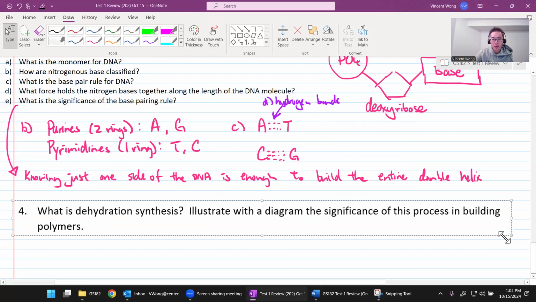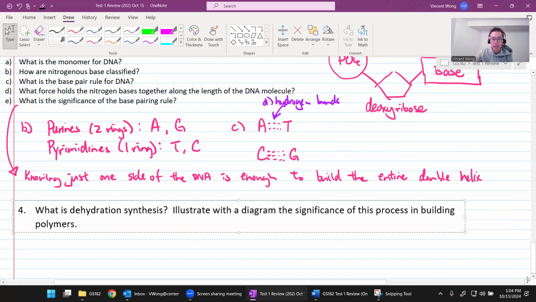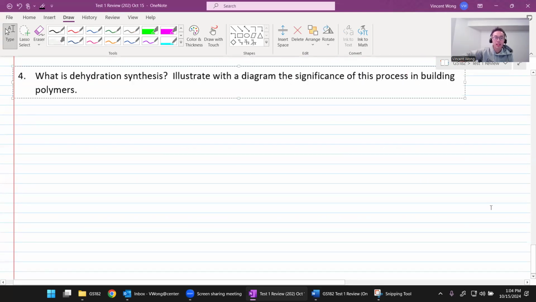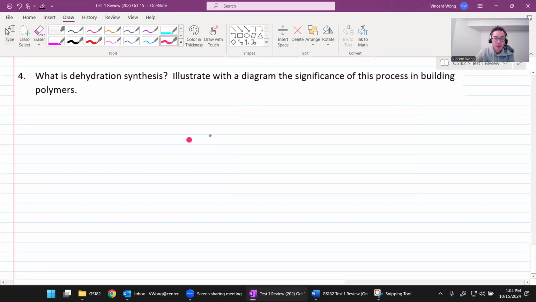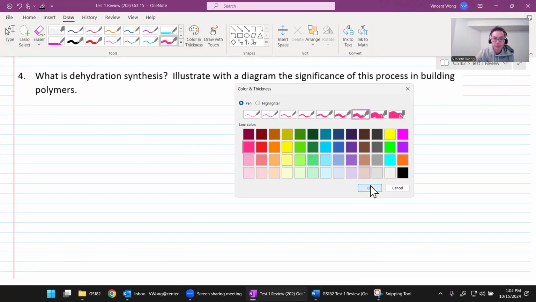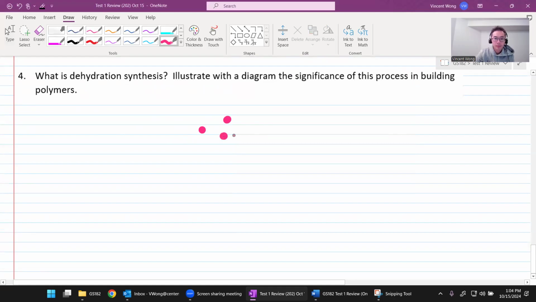What is dehydration synthesis? Illustrate with a diagram the significance of this process. I'm going to review a couple of things here at the same time. Hopefully it's going to make sense. We have the individual building blocks, so these are monomers.